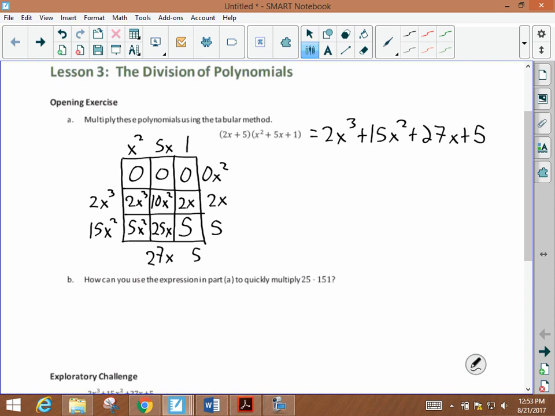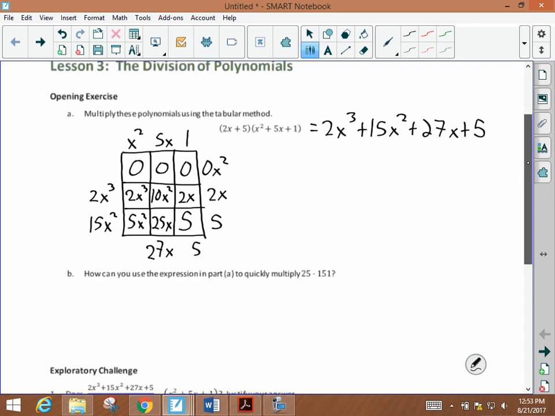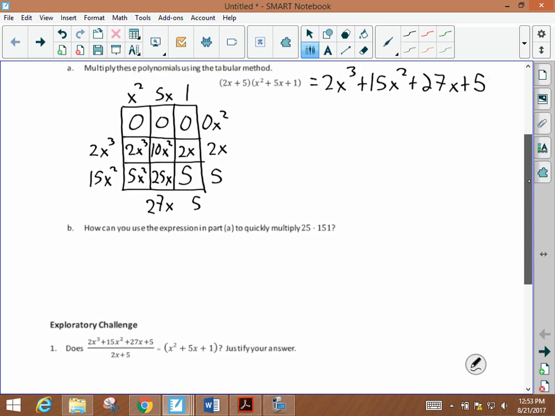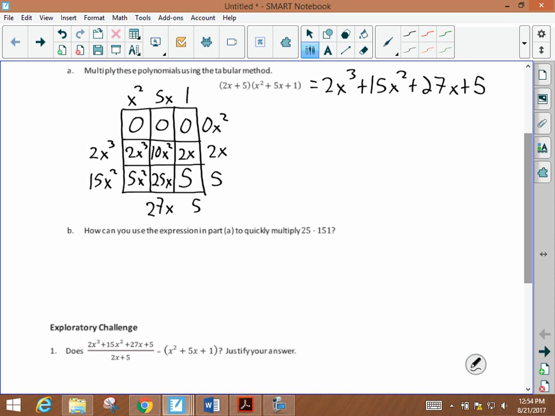Interesting. How would I use the expression in part A to quickly multiply 25 times 151? What Eureka is really trying to get us to look at is the structure of division.